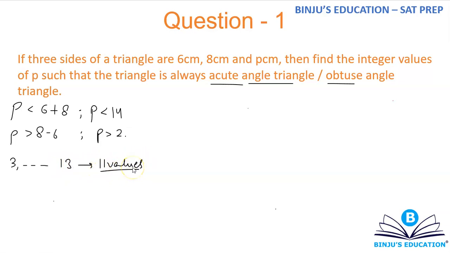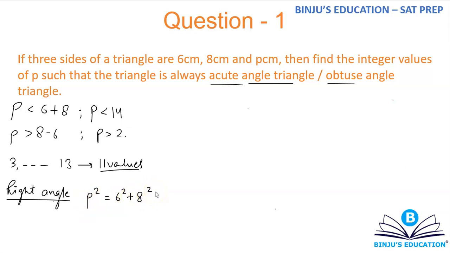No other value for p is possible, whatever type of triangle you may have, whether acute, obtuse or right angle triangle. Now if you talk about a right angle triangle, it needs to satisfy the Pythagoras theorem. So you can say that p square can be equal to 6 square plus 8 square.